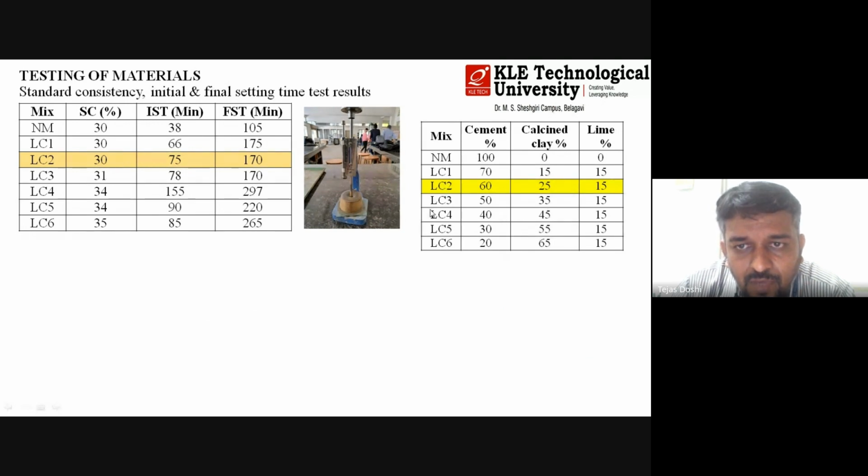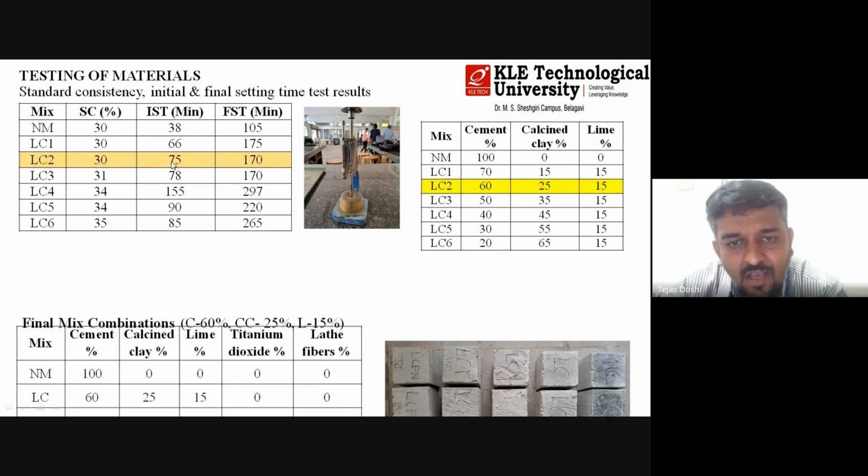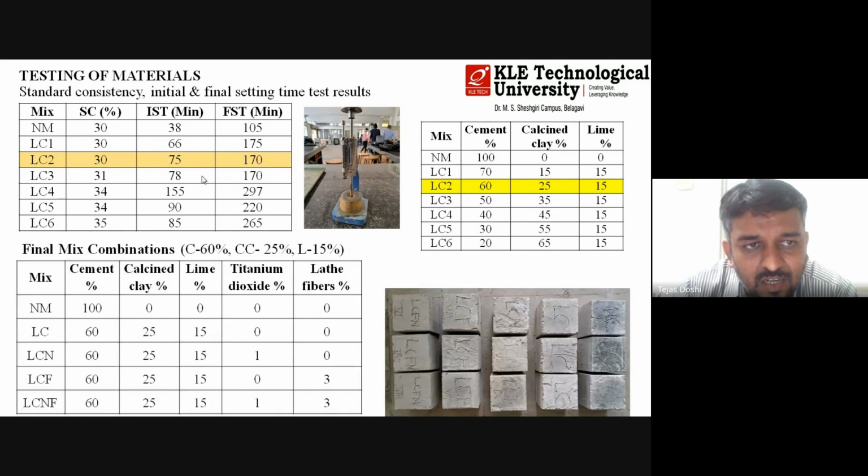So here, based on these combinations, the standard consistency, initial and final setting time test results have been calculated, and compressive strength results also have been calculated, and it is found that the LC2 mix gives us a better result, which keeps a well balance between the materials.